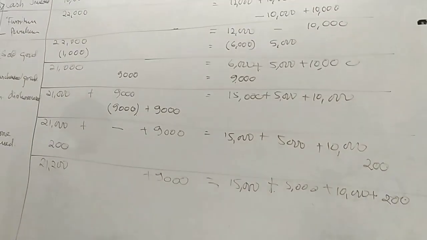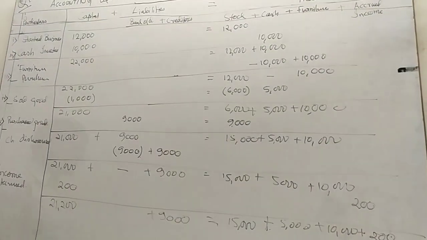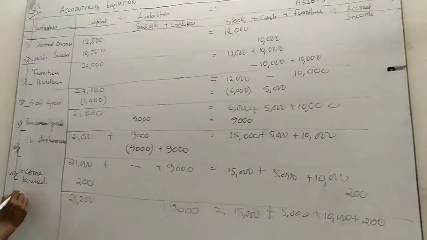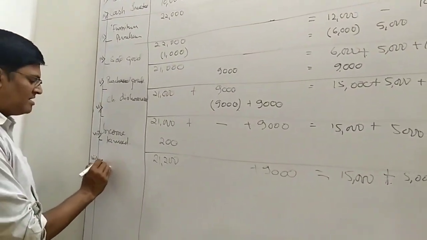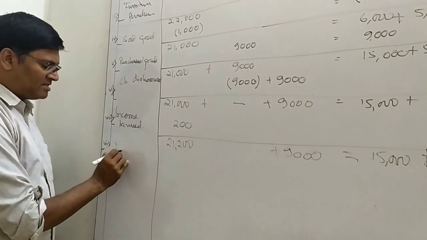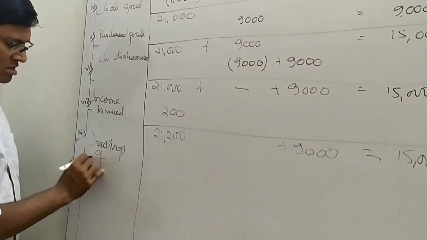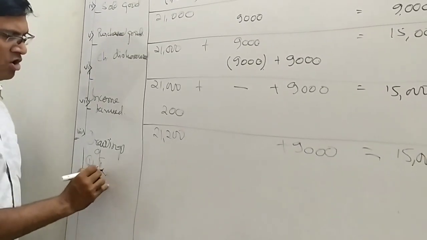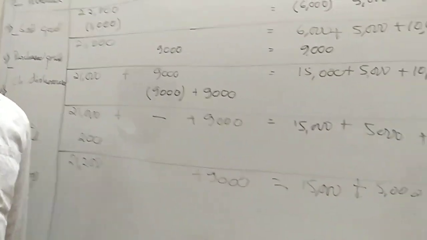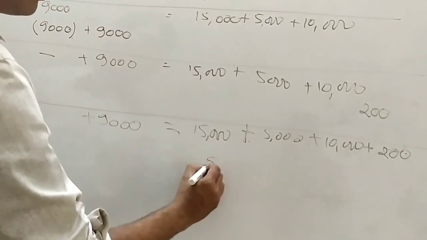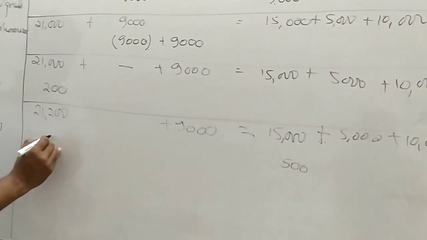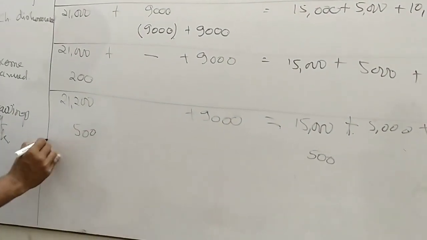And the last transaction: drew stock for personal use 500. Drawings of stock. You have drawn stock now, not cash. 500 rupees of stock you have drawn. Your stock will reduce by 500 and your drawings will reduce the capital by 500.